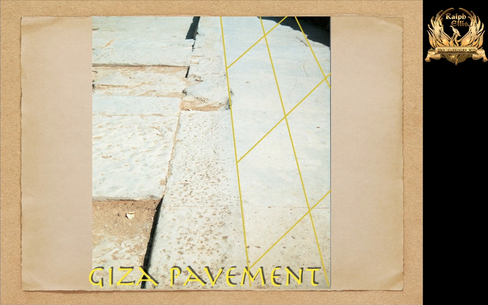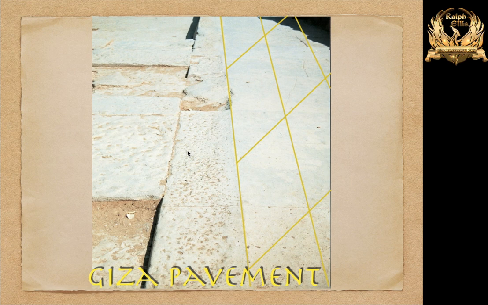So that was the original edge of the pyramid itself. And those casing blocks were protecting this paving block on the right side. But on the left here, this was eroding ever since the pyramid was built, many thousand years ago.